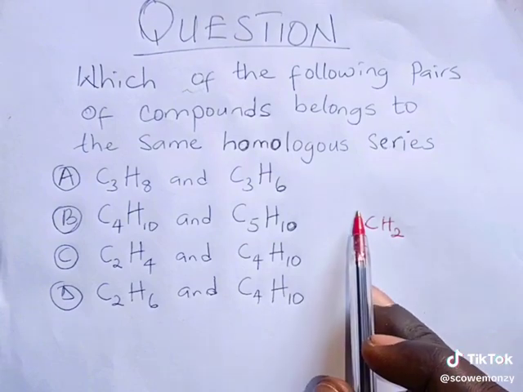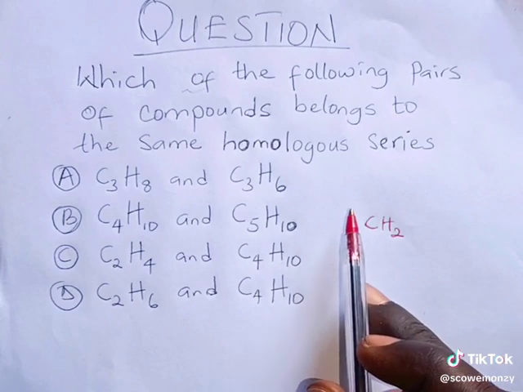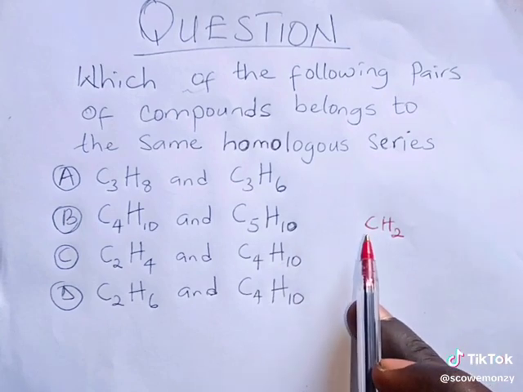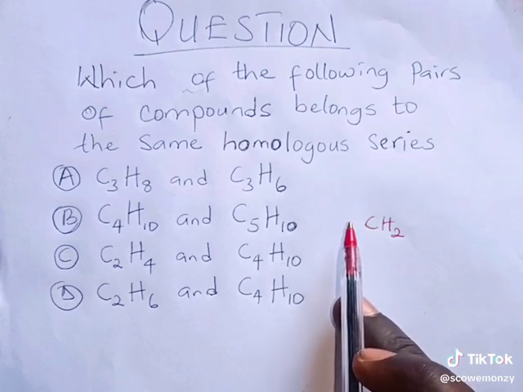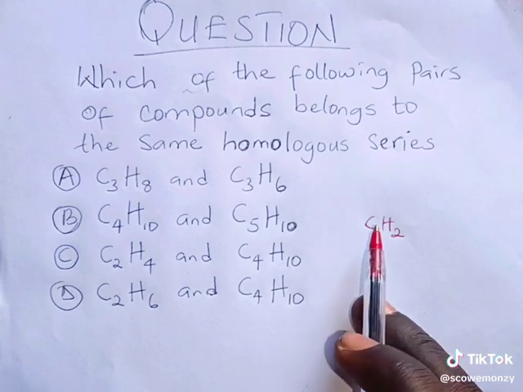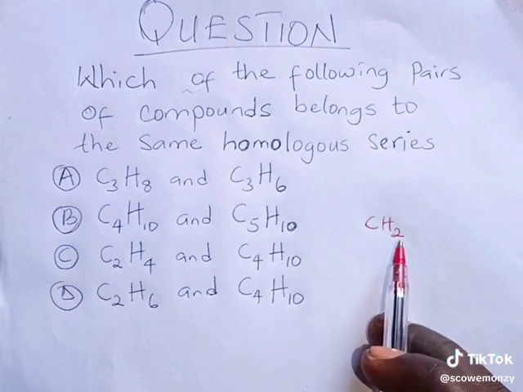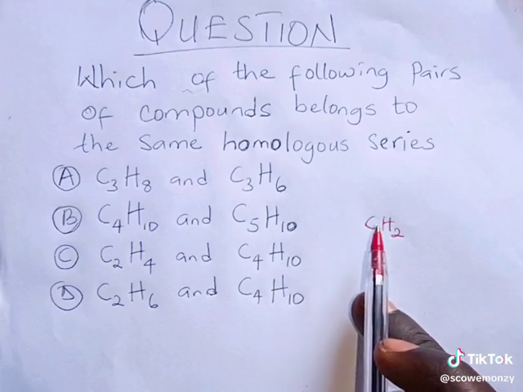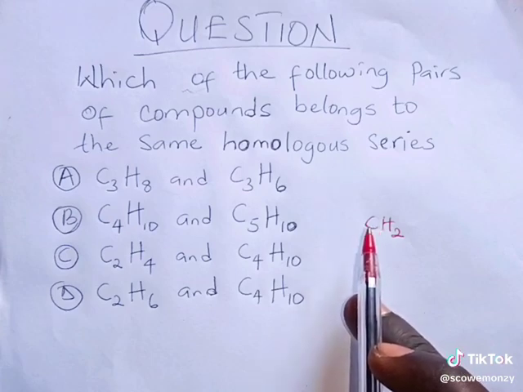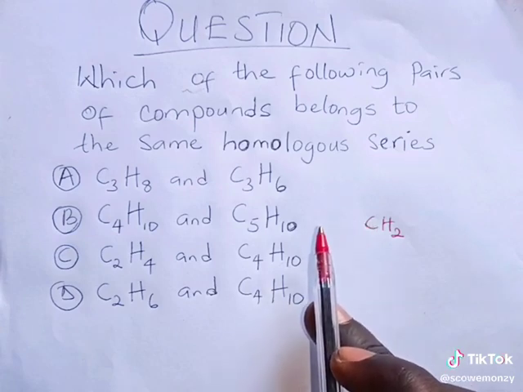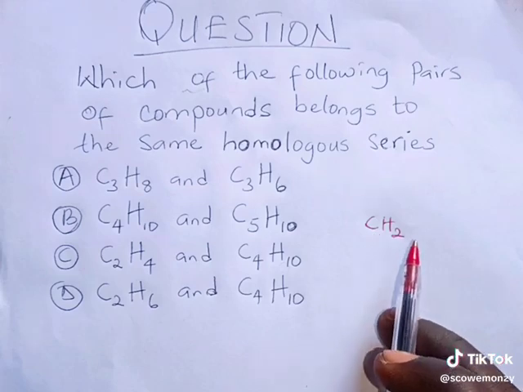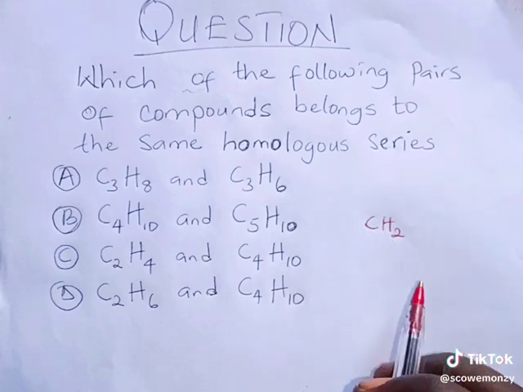So if you have the first member with 1 carbon atom, or just any member, let's say with 20 carbon atoms, if the next member has 21 carbon atoms, then the difference between the 20th member and the 21st member has to be a CH2 unit. So the next member has to have 1 carbon atom more than the previous member, and then 2 hydrogen atoms more than the previous member as well.